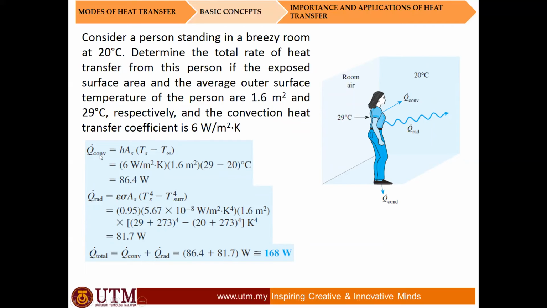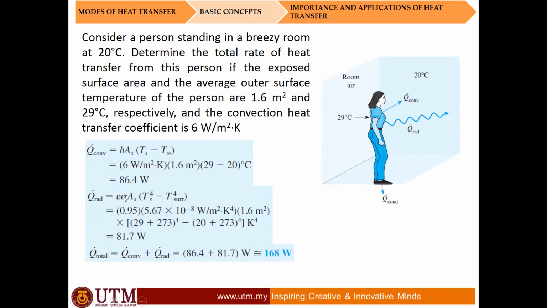For convection, this is the equation related to convection. This is the heat transfer coefficient, which is 6. This is the effective surface area of the body, T surface is the surface temperature of the body, and T ambient is the ambient temperature. And this is the equation for radiation.